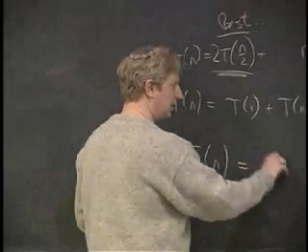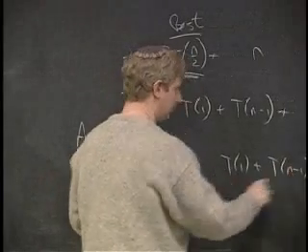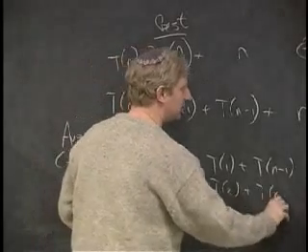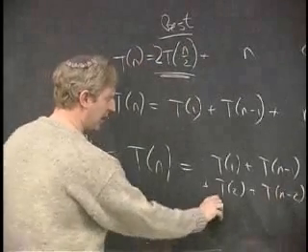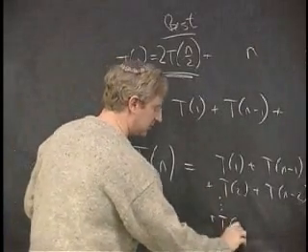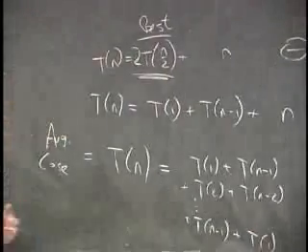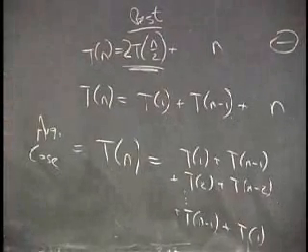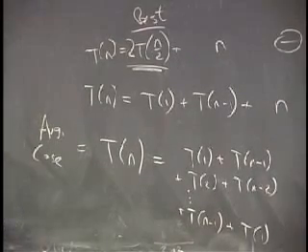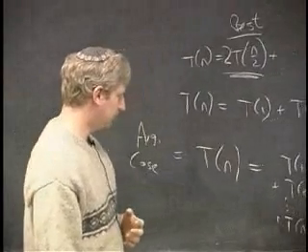We get T of 1 and T of n minus 1 plus T of 2 and T of n minus 2. And we keep going all the way down to T of n minus 1 and T of 1. And we divide this all by n minus 1. Actually, you have to put a factor of 2 on the first. T1 plus T(n minus 1) occurs twice.